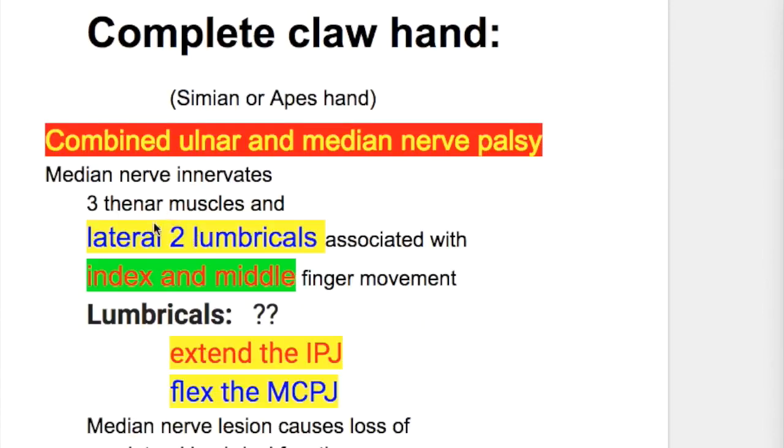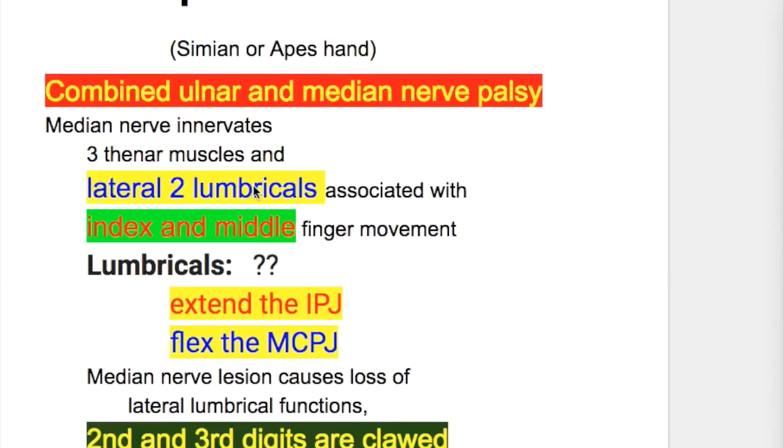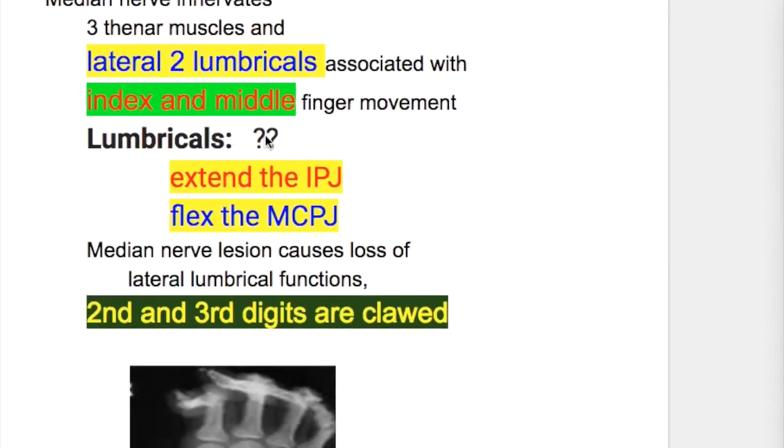So median nerve innervates the three thenar muscles and lateral two lumbricals. The lateral two lumbricals supply index and middle fingers. So what's the function of the lumbricals? They extend the interphalangeal joints and flex the metacarpophalangeal joints. Why do they extend interphalangeal joint and flex metacarpophalangeal joint?